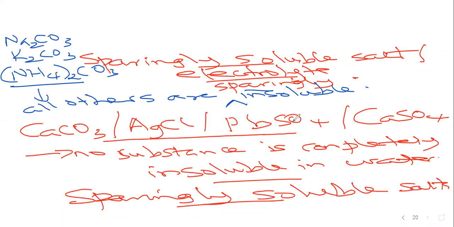Now, the solubility of these sparingly soluble salts is determined by a constant, which we call the solubility product.